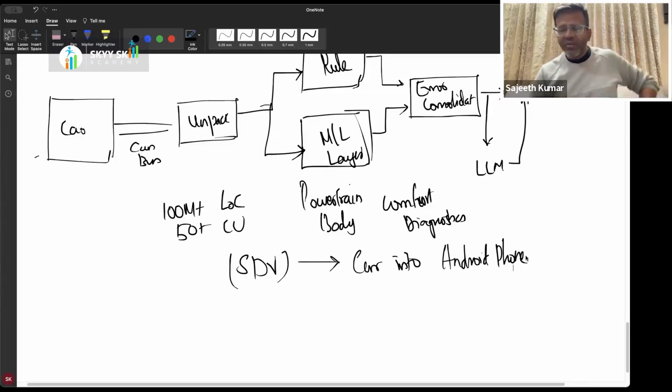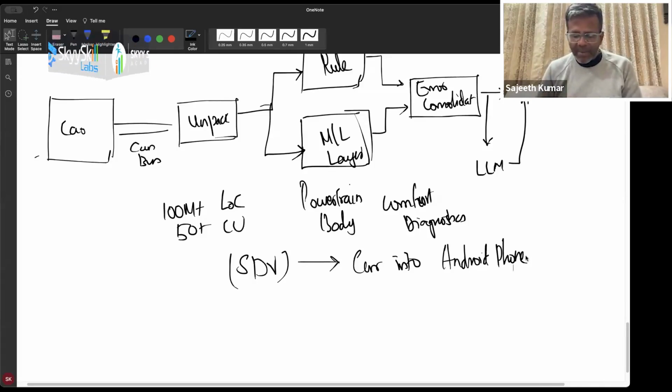Now, imagine your Android phone. You buy an Android phone and it does not come with a call recording function. Are you going to be stuck without it, or can you just download an app and put call recording? Or let's say your Android phone does not have a large language model built into it.